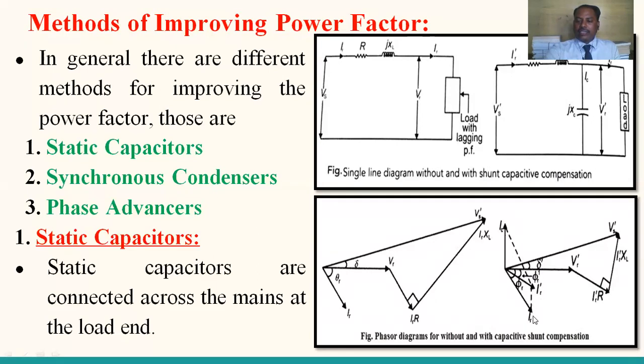See, this is the original IL. This current has to be changed from IL to IR to IR dash. Therefore the angle between the voltage and current is reduced, due to the counteraction of the lagging current. The leading current neutralizes the lagging current and brings the current towards unity.